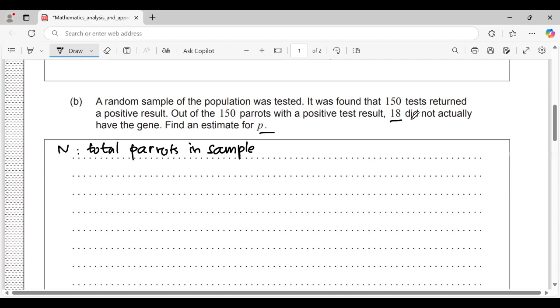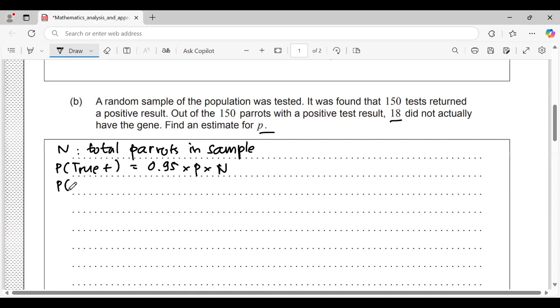So from Bayes' theorem, we can state that the probability of true positive is 0.95 times P times N, the total number of parrots in the sample.